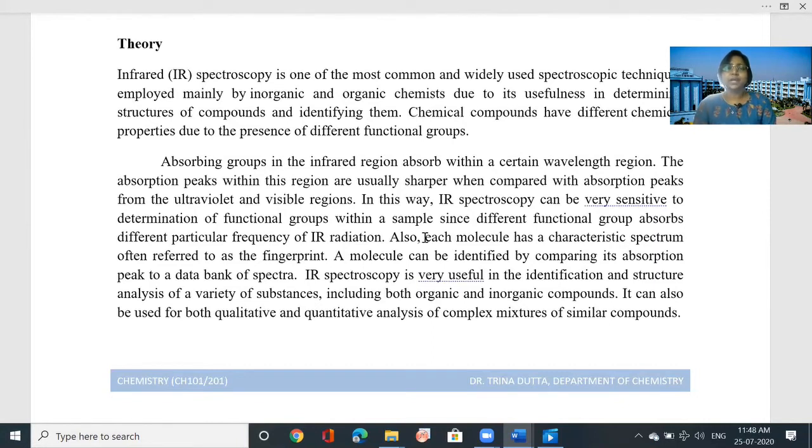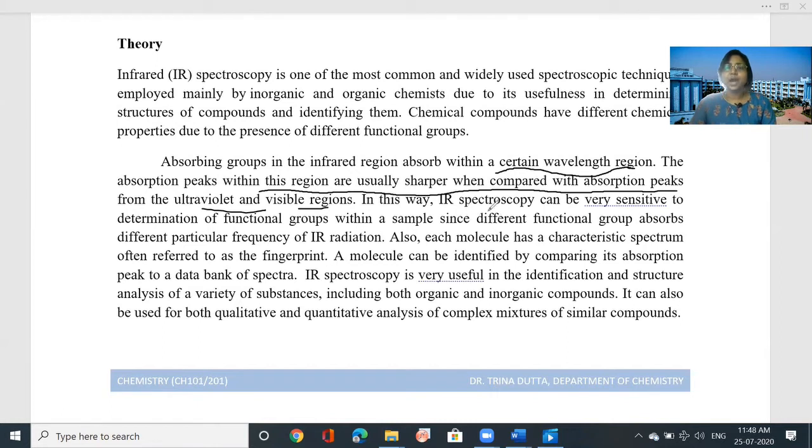Absorbing groups in the infrared region absorb within a certain wavelength region. The absorption peaks within this region are usually sharper when compared with absorption peaks from the ultraviolet and visible region.